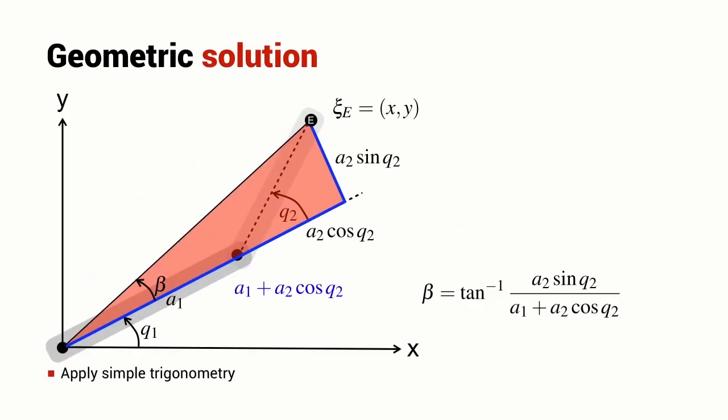There are several approaches to solving the inverse kinematic problem for a particular robot. For a simple robot, like the 2-link example, we use a geometric solution, and that requires some intuition and some insight. It involves defining particular triangles, introducing new angles, and applying a number of simple trigonometric relationships in order to solve for the joint angles we're interested in, in this case q1 and q2, as a function of the end effector pose x, y, and the robot's constant link lengths a1 and a2.